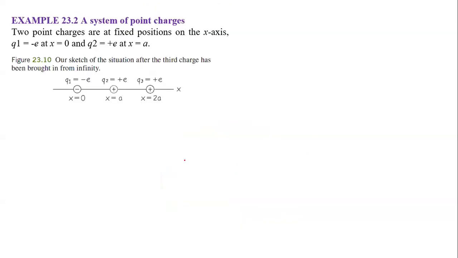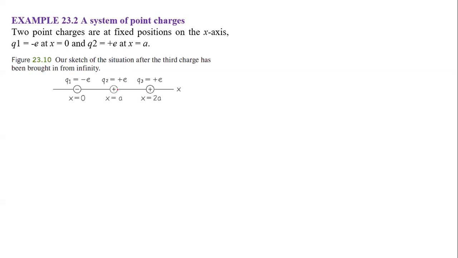Okay. So say for example, we're going to answer example 23.2, a system of point charges. So we have two point charges at fixed positions on the x-axis. q sub 1 has a charge negative e at x equals 0, and q sub 2 has positive e at x equals a.